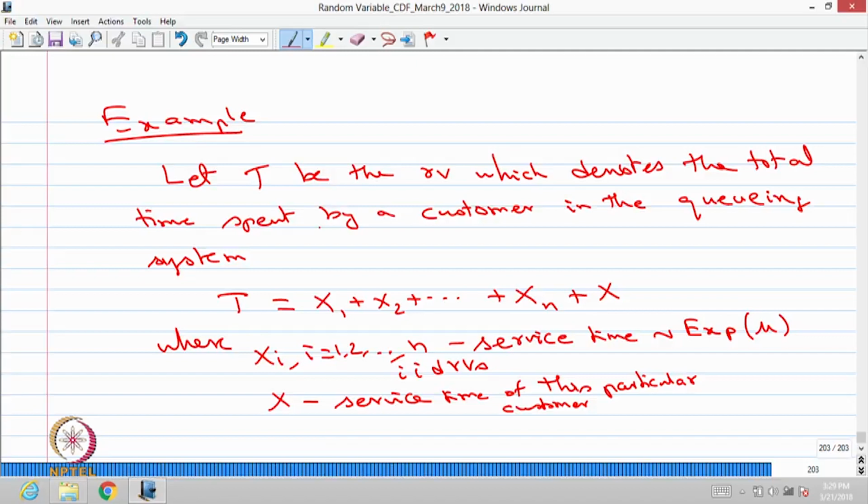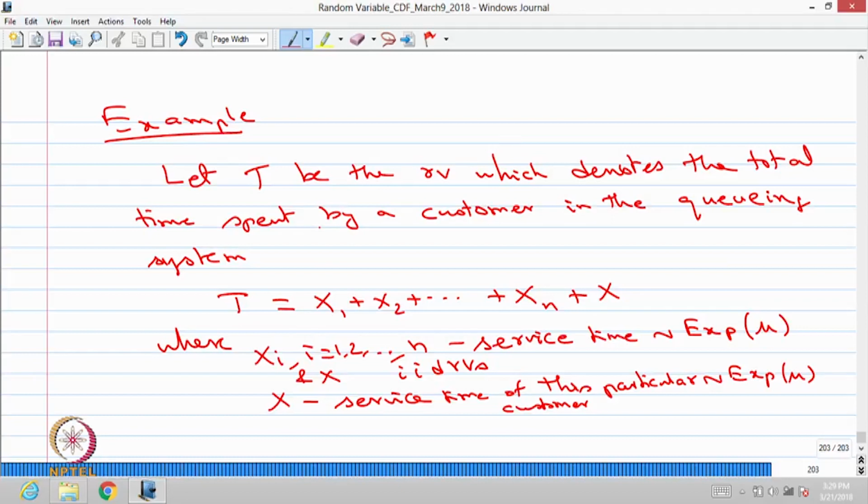Therefore, all the xi's and X are independent random variables. This also follows exponential distribution with the parameter mu. I am just giving another label for X to say that that is the service time for his own.